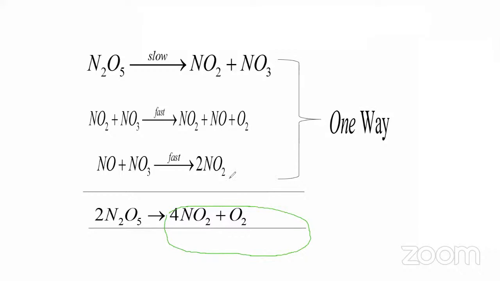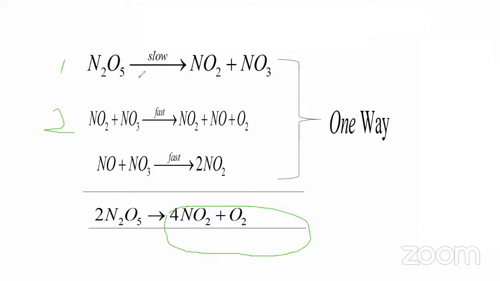Look at the steps you have there. One step is very slow. That's the first one. Look at that. That step is very slow. As soon as nitrogen trioxide and nitrogen dioxide are formed very quickly, look at step 2. They combine again to give you the product.